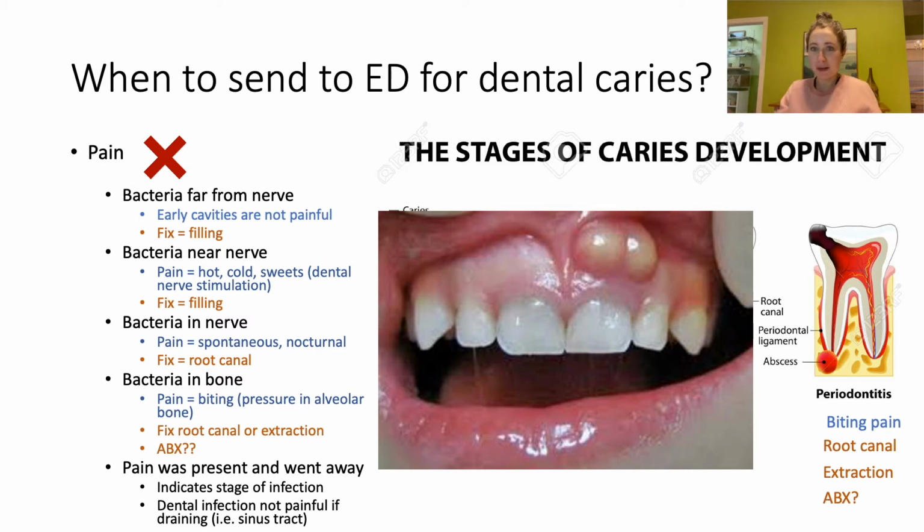That's where you don't feel pain anymore. Then you'll start feeling pain again once that infection builds up and puts pressure in the bone. And then sometimes the pain will go away again if a sinus tract or drainage happens, because a dental infection is not painful once the tooth is necrotic and if the infection is draining. And as you can see here, there's a good picture of a nice little abscess.